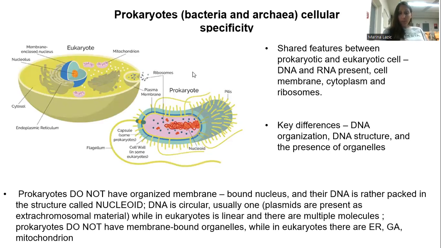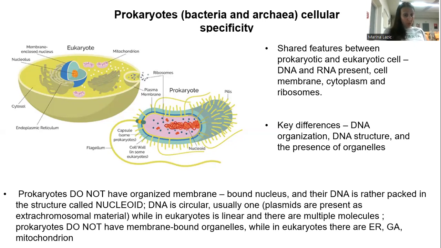So in terms of differences between prokaryotic and eukaryotic cells, there are certain features that are shared between prokaryotes and eukaryotes. For example, both of them have DNA and RNA present. Both of them have a cell membrane and ribosomes, but the key difference is in the DNA organization and structure, and of course in the presence of organelles in eukaryotes, which prokaryotes do not have.